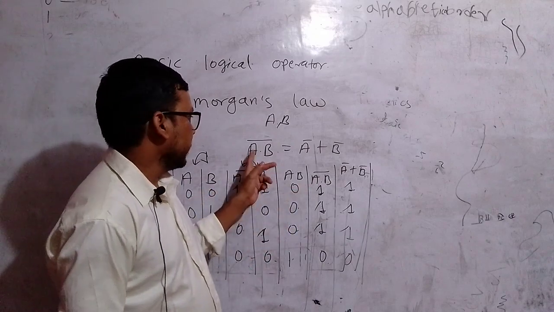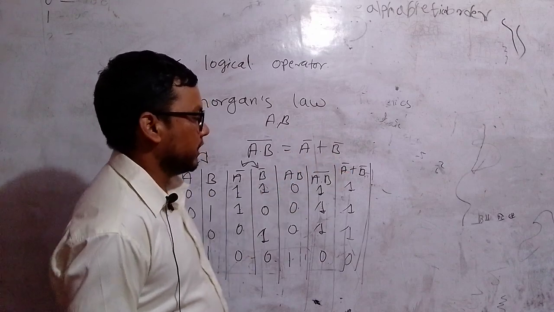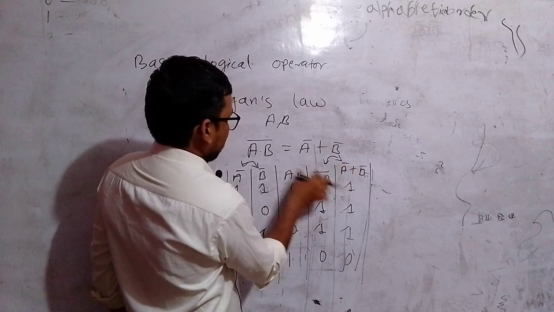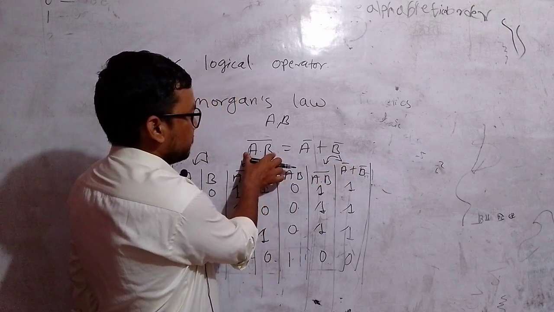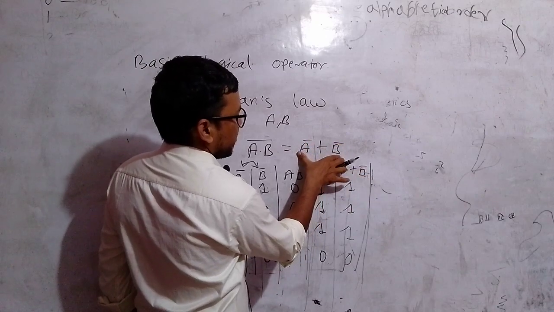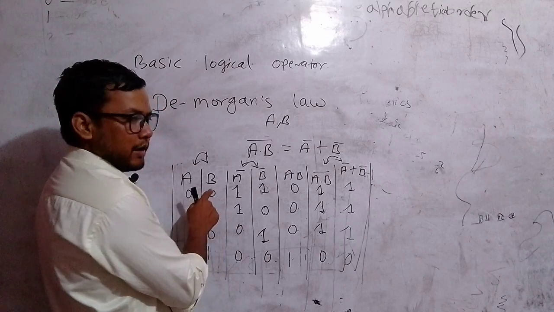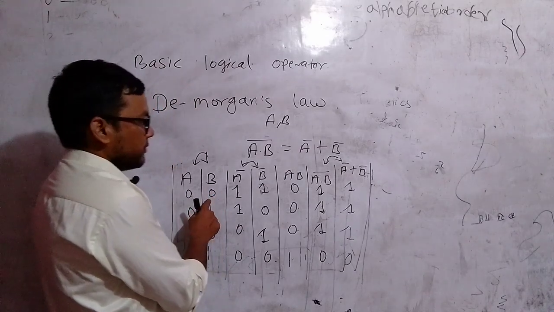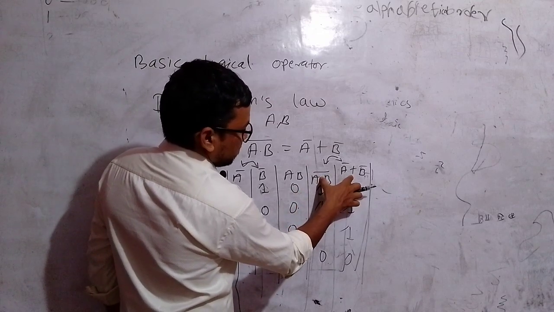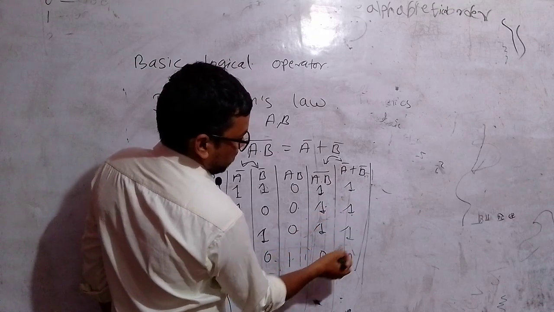Now we need to show A dot B complement is equal to A complement plus B complement. Now let's see. This AB complement is the left hand side term and A complement plus B complement is the right hand side term. For all possible values of A and B, these two terms have equal values: 1 1 1 0.